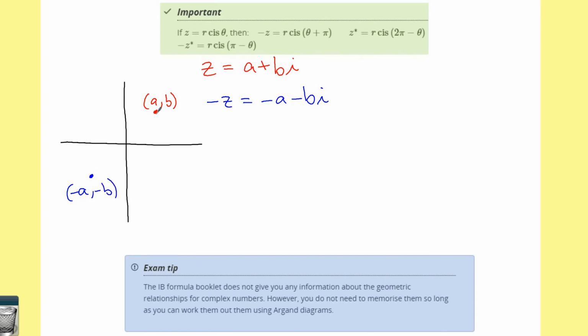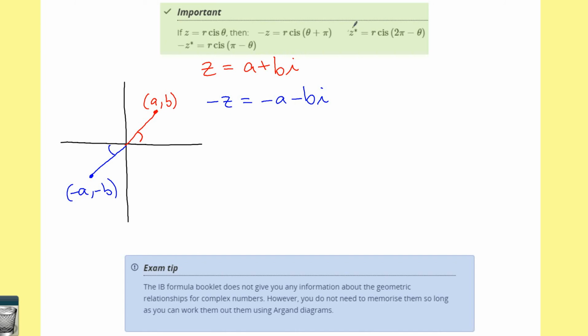Well, think about what you just did with your angle. So this angle here, and you have this one here. What you've done is you've added pi to that angle because this is the same as this. So that's what you're doing here. You're adding pi to the angle if you do the negative of your complex number.